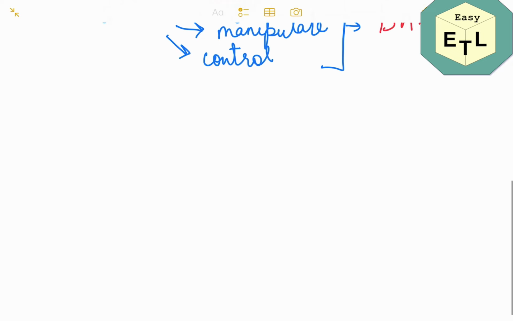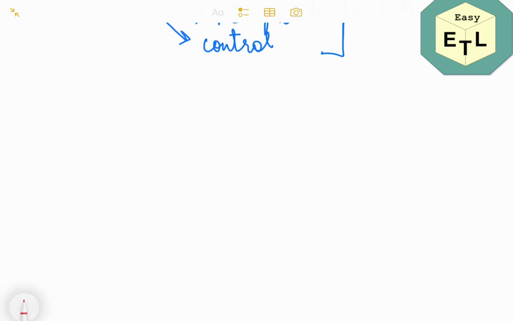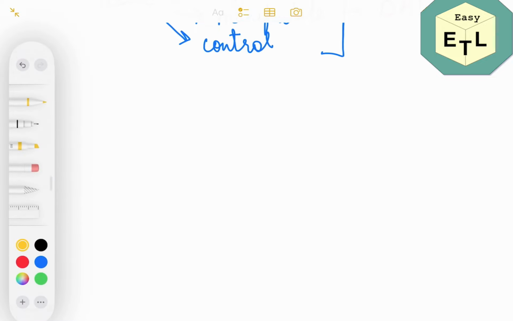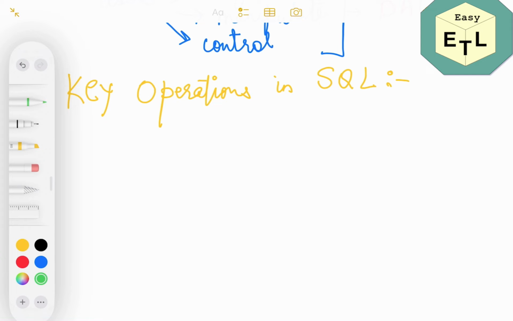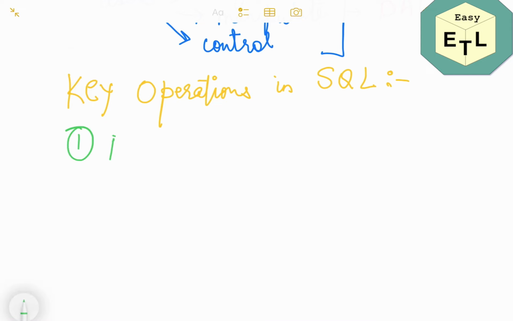Now let's discuss the key operations in SQL, right? So let's write key operations in structured query language. So the first one is, we can retrieve data. We can retrieve data from one or more tables, or we can also retrieve data from different databases, right?